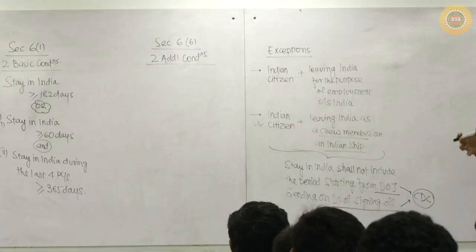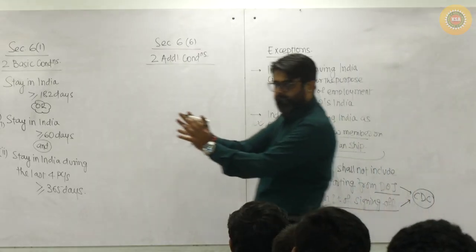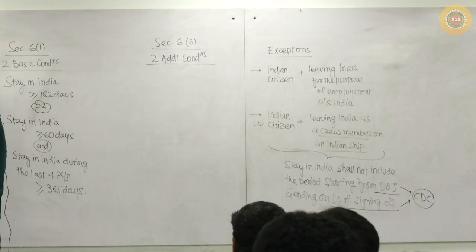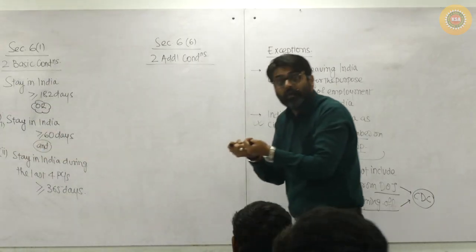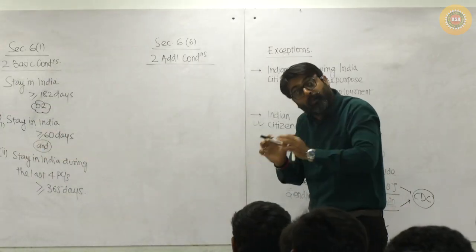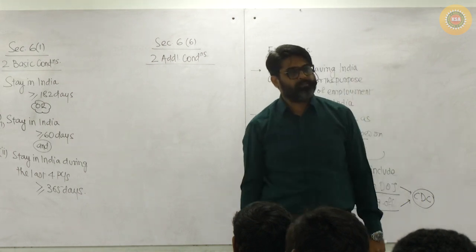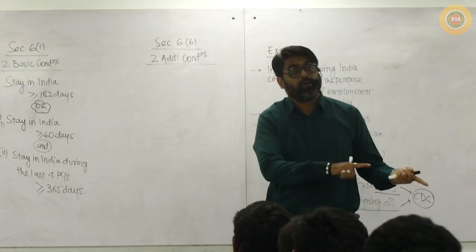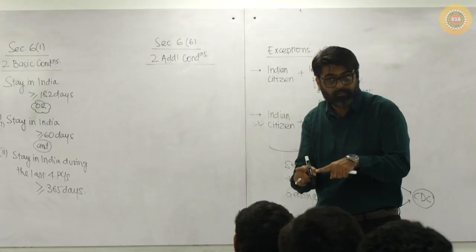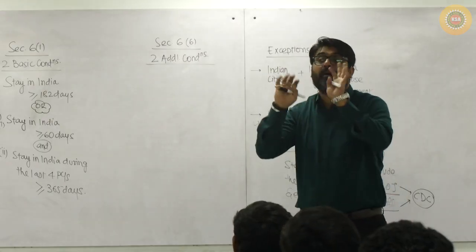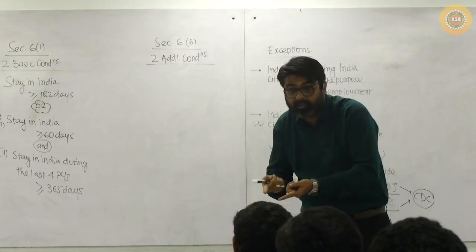Once you join the ship, you will go outside India, finish the work, and again come back to India, and probably you will sign off on this particular date. Come and join the ship. Your probable date of joining will be this date.